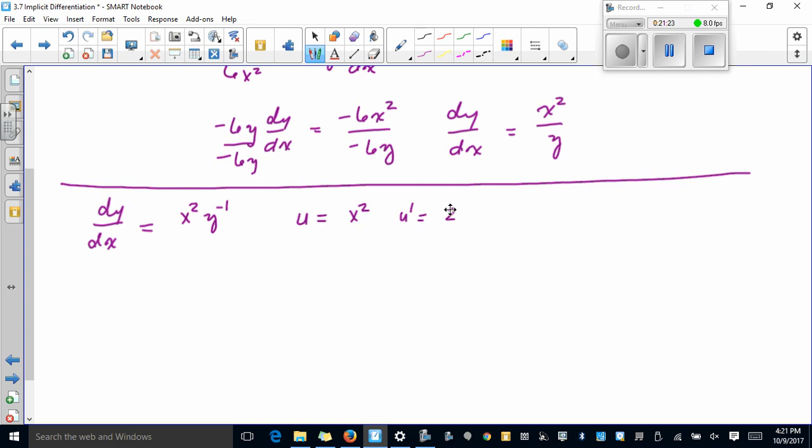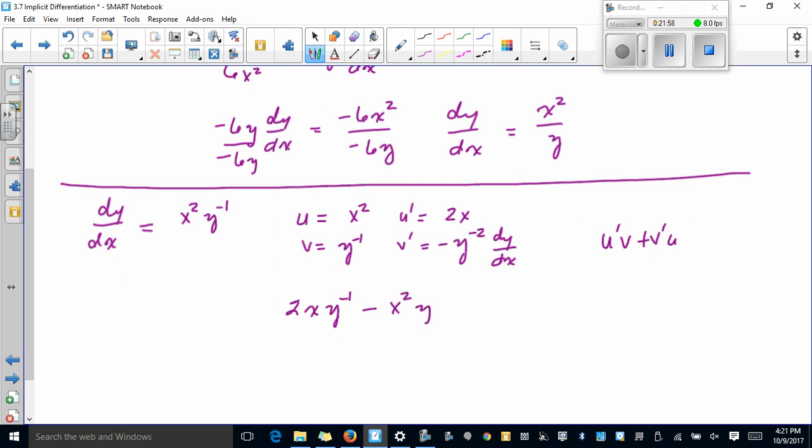So v prime is going to be negative y to the negative 2 dy dx. And we're doing a u prime v plus v prime u. So multiply this way, we get 2x y to the negative 1 minus, the minus is coming from this guy right here, x squared y to the negative 2 dy dx.